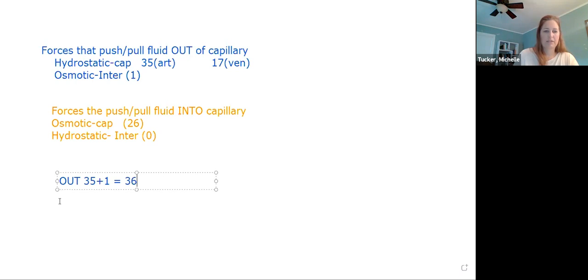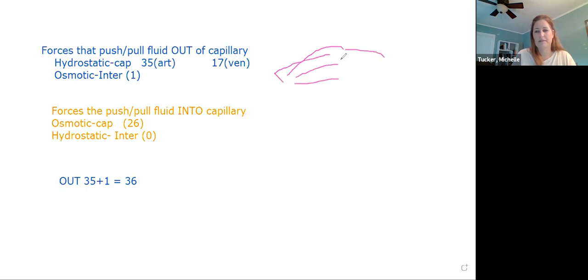The pressure that's trying to force water in at the arterial side. So these are all happening at the level of the capillary bed. It's just, are we on the arterial side or on the venule side of this capillary bed? We have this capillary bed, with the arteriole leading in and the venule leading out.